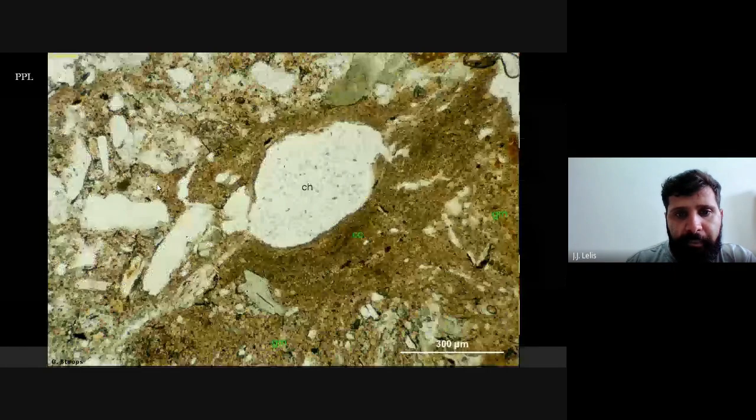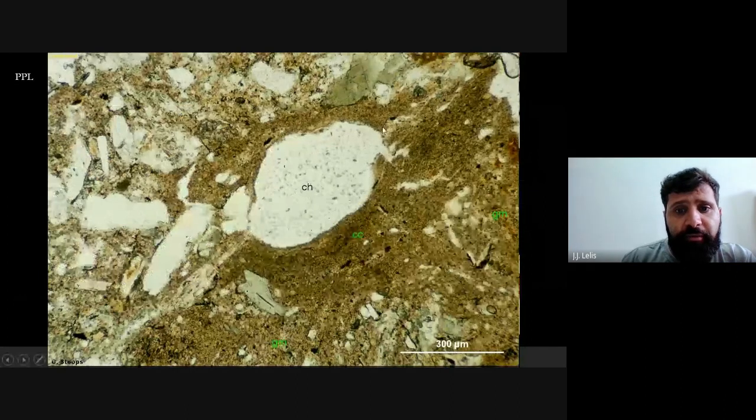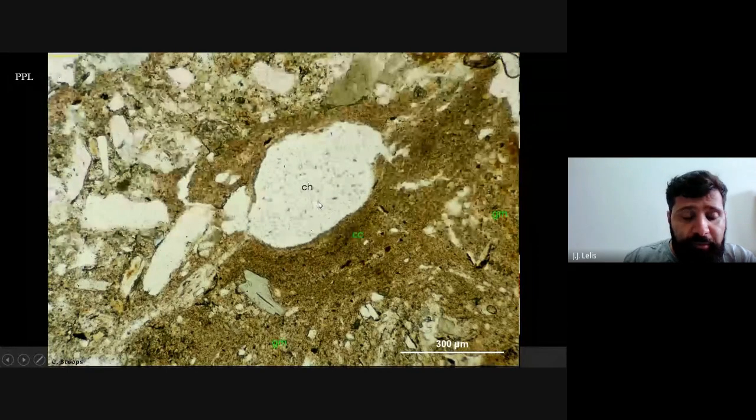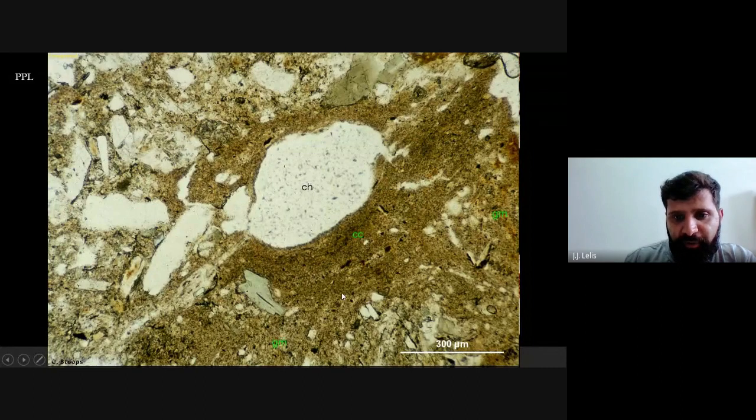We also have some channels that, as I said, express the action of roots, termites, and ants, but it's quite common to see some pedofeatures created by their reorganization, a different kind of organization, a different kind of matrix at the boundaries of the channel, the boundaries of the void, in comparison with the fabric, the background of the thin section, the rest of the thin section.